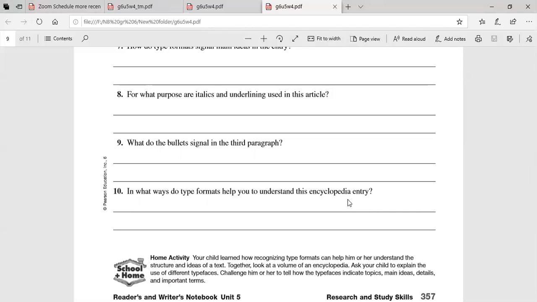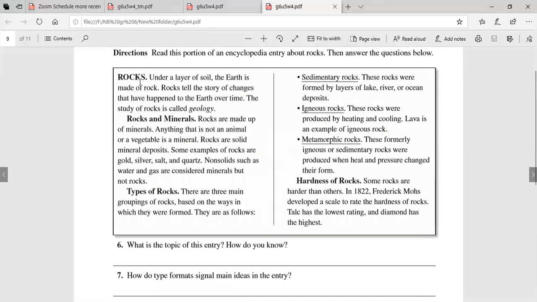Type formats help us to outline the topic. First of all, we are able to pick out the topic, and also to outline or point out the main ideas. Type formats help me to point out the topic. It helps me to point out the main idea.